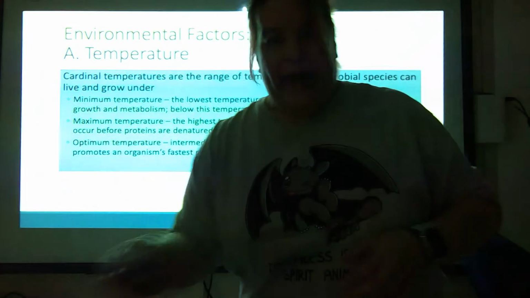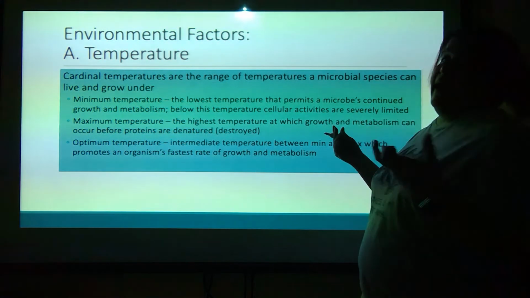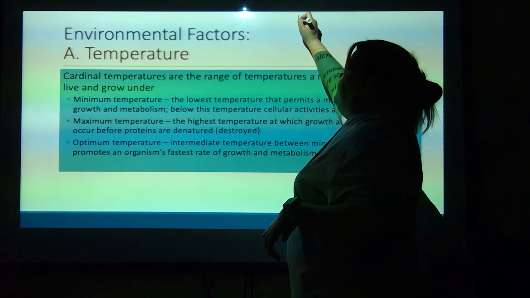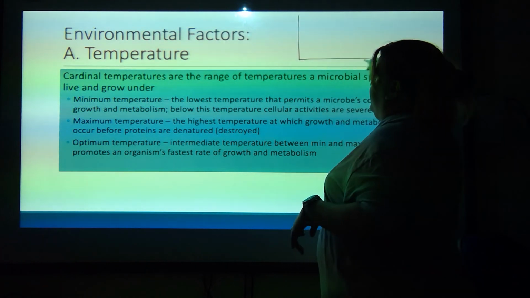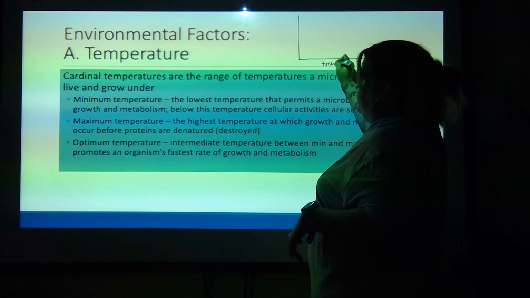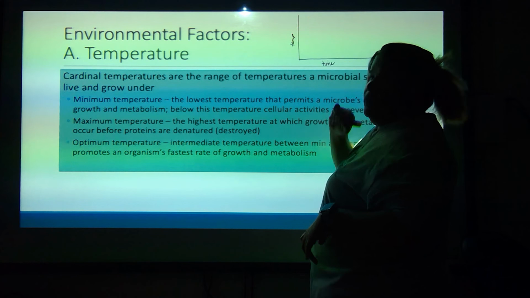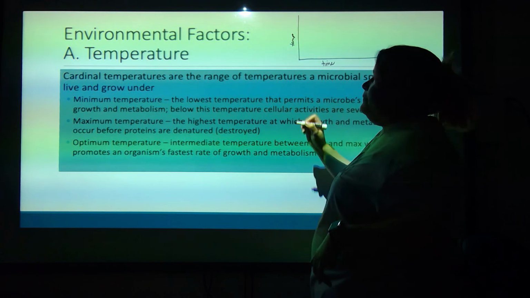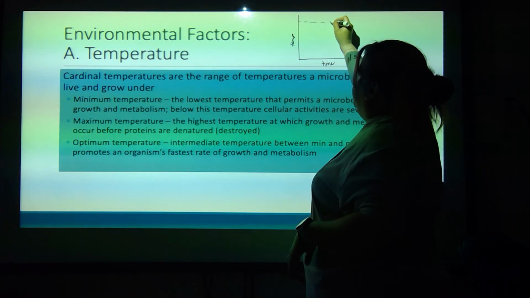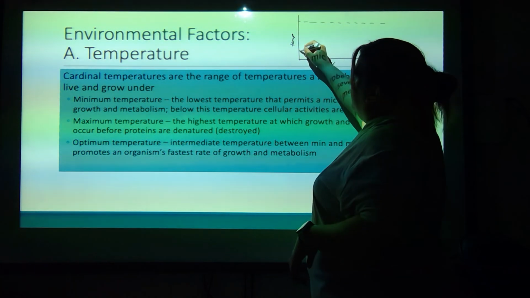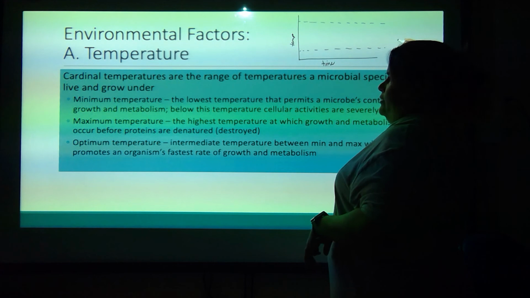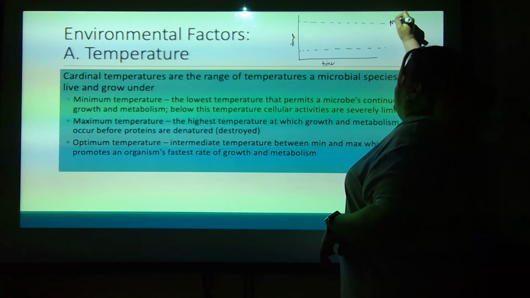So, this is how I learned it. If I were to have a graph, okay, with time on the x-axis and temperature on the y-axis, there is a high and a low point. This would be the max temp.